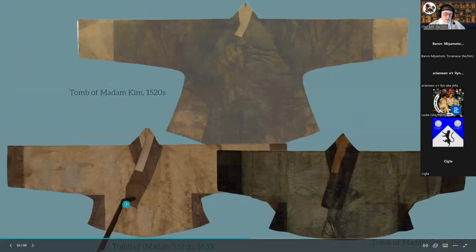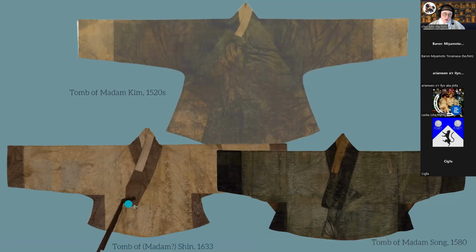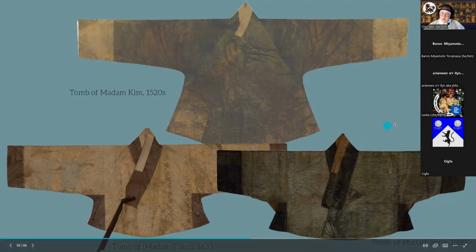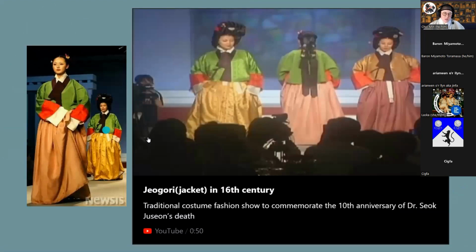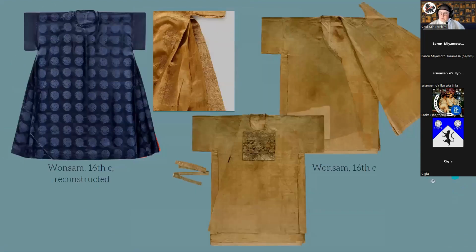This one has it right here, but these two have lost theirs to time. So this one has it right there at that join between the collar ending and the body. That would be where you would put it, and that's kind of where they're putting it here. But that's about the only place that it's tied because that's the outside visible.